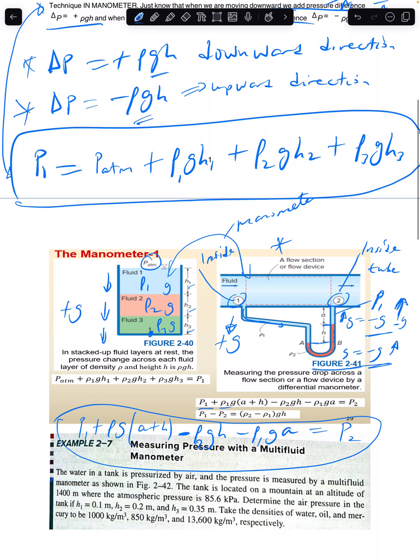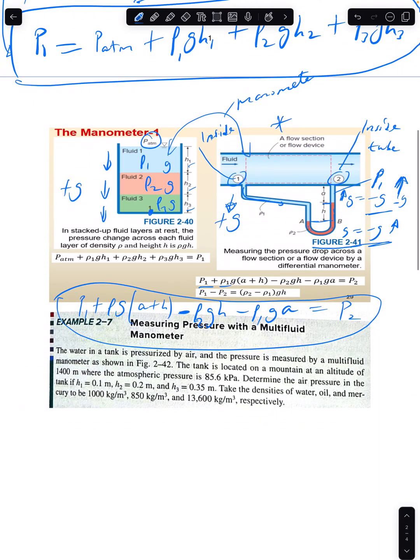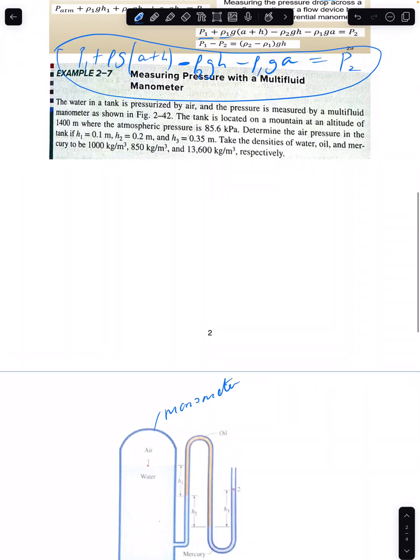Now, let us look at an example problem. We need to determine the air pressure in the tank. So effectively, we are going to calculate P1. Remember, this is open to atmospheric pressure.